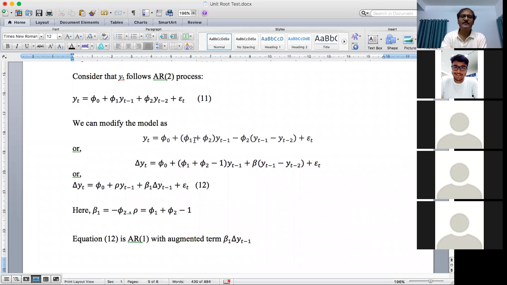Now this term, phi 1 plus phi 2: originally we have it as the coefficient for Yt minus 1, but again we have subtracted Yt minus 1 from both sides. So we have the coefficient for Yt minus 1 in this way, phi 1 plus phi 2 minus 1. Do you understand this step?